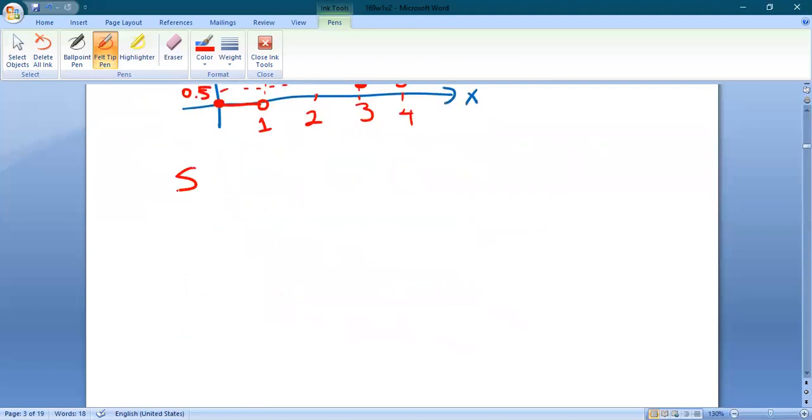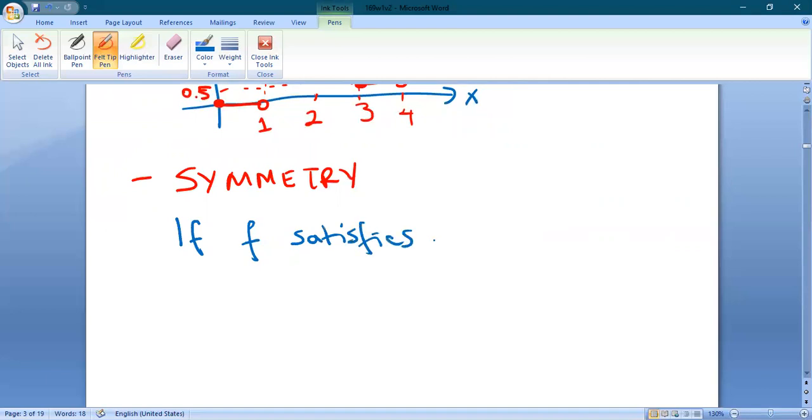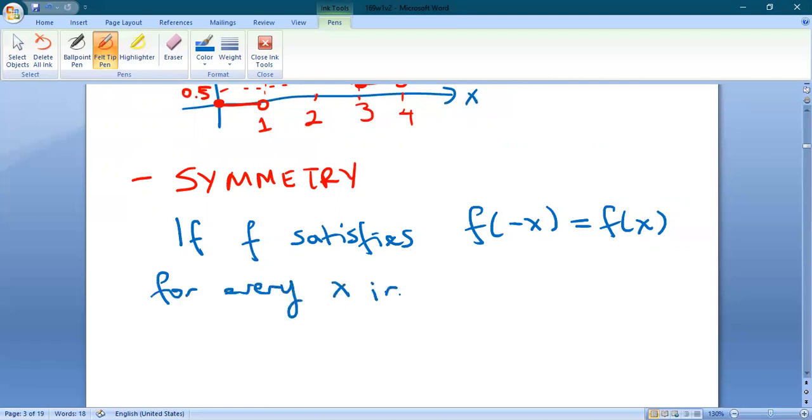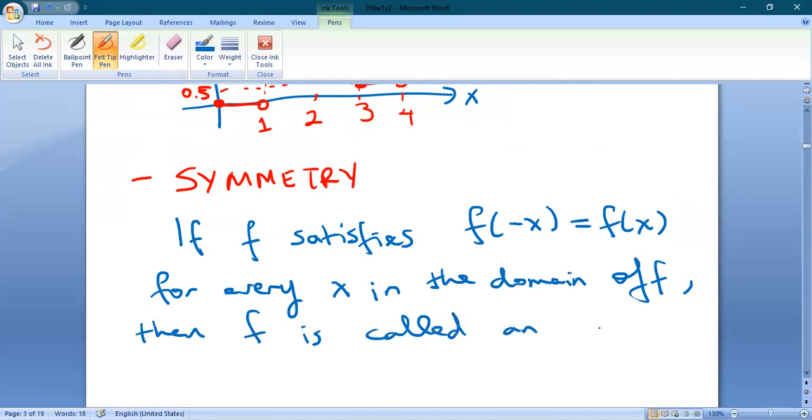Another property we will sometimes use, which will be useful, is symmetry. If the function f satisfies f of minus x equals f of x for every x in the domain, then f is called an even function.